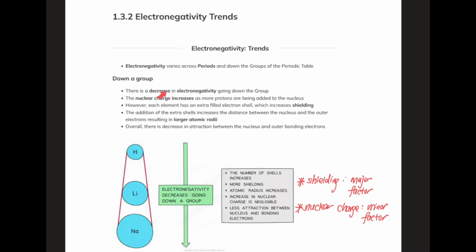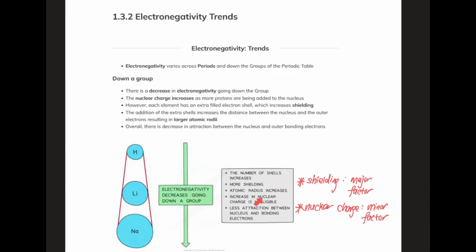Okay, now let's see here. There is a decrease in electronegativity going down the group. A decrease in electronegativity means less attraction towards electrons. And the second point, the nuclear charge increases as more protons are being added to the nucleus.